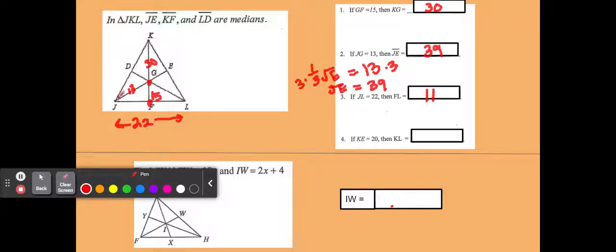If KE is 20, how much is KL? Again, remember E has to be a midpoint. So if KE is 20, EL is 20, KL, the whole thing, add those two together, you get 40.